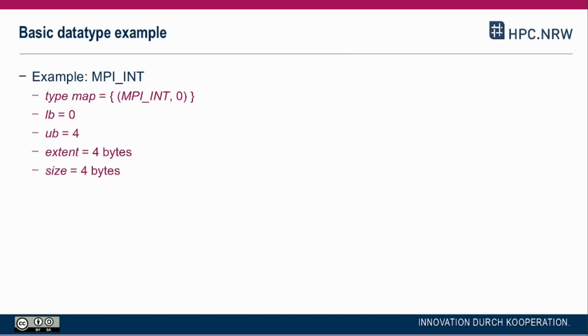So we have a little example here. If we just have MPI int, the type map would be int 0 because the int starts at the first element. We have a lower bound of 0. We have an upper bound of 4 on an architecture where an int actually is 4 bytes. The extent is also 4 bytes. And the size is 4 bytes because we don't have any padding in there.